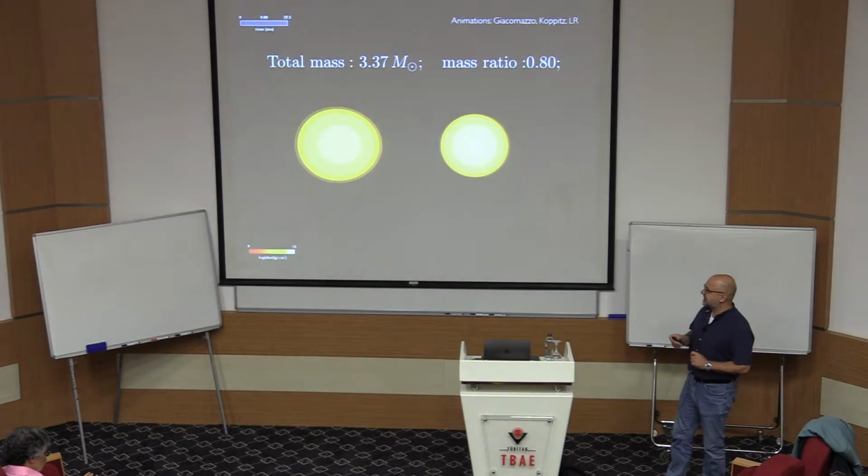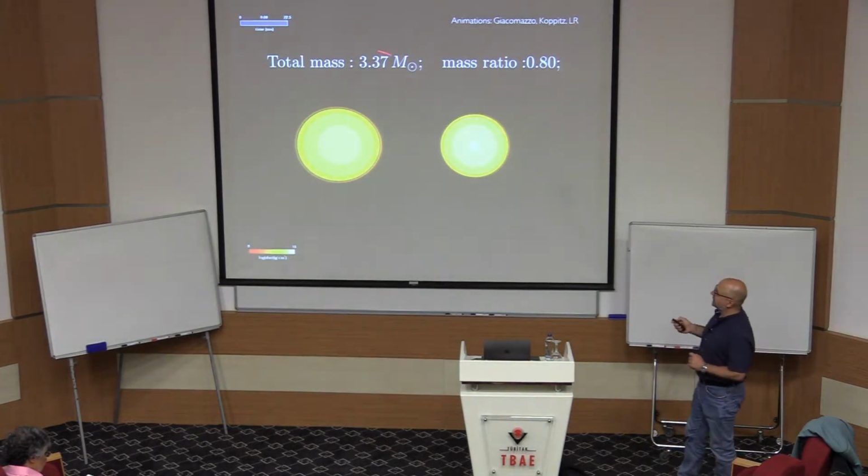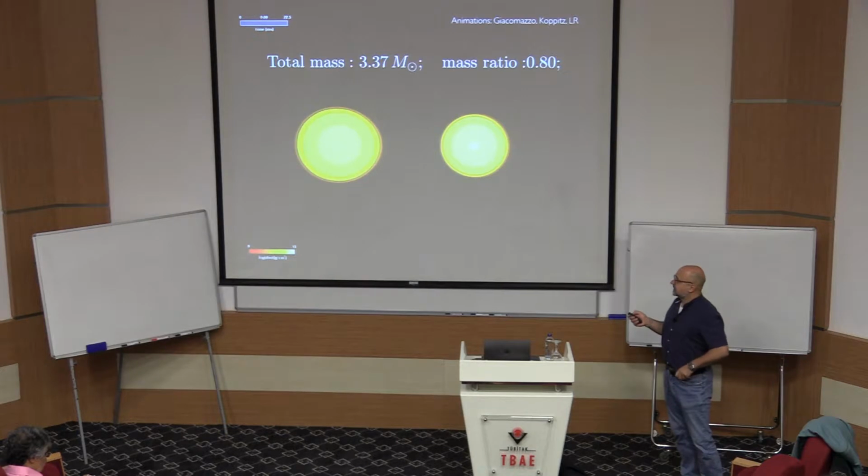What happens in this case is shown with this other simulation. So here you have a system which has a total mass of 3.37 and a mass ratio of 0.8. This means that one of them is 20% heavier than the other.